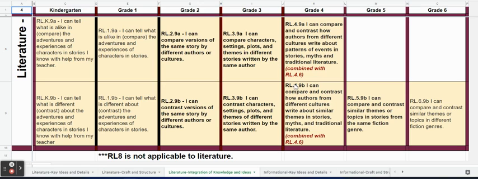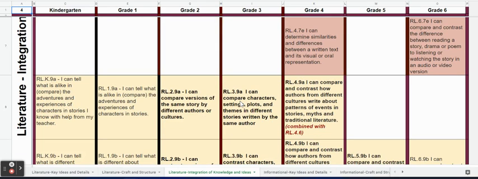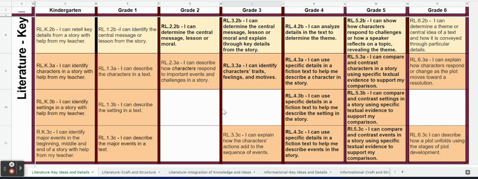We're hoping that with using this continuum, you can use it to tailor the conversations that you're having with students. If they are struggling with one of the concepts, you can look backward and see what maybe was missing. You will also notice that some of these I can statements are in bold, and the reason why they are in bold is because they are the reported standards for that grade level.